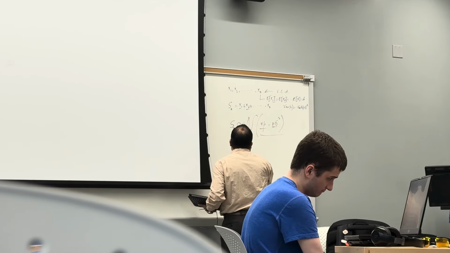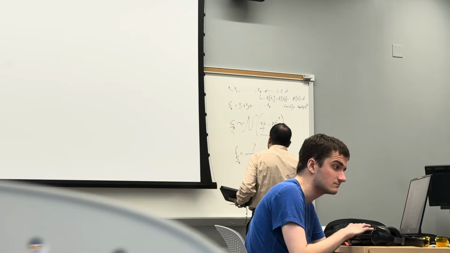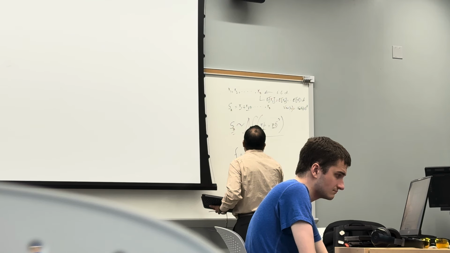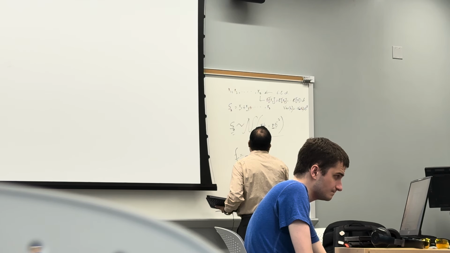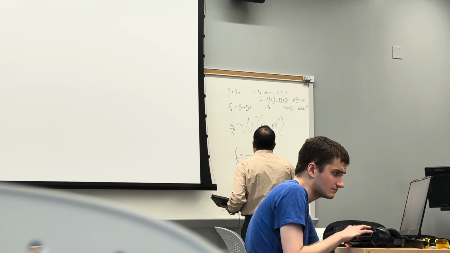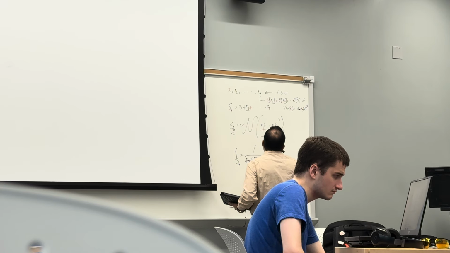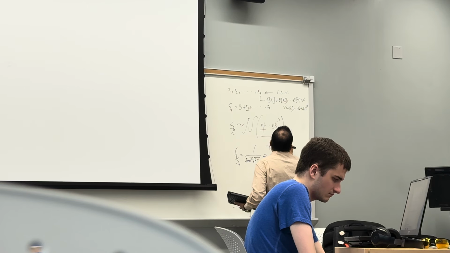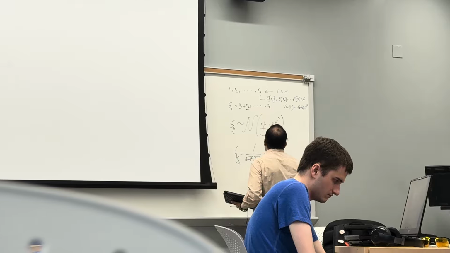So the PDF of the random variable Sn becomes 1 over the square root of 2 pi n sigma squared, times e to the negative half of (Sn minus n mu) squared over n sigma squared, and this is the PDF.